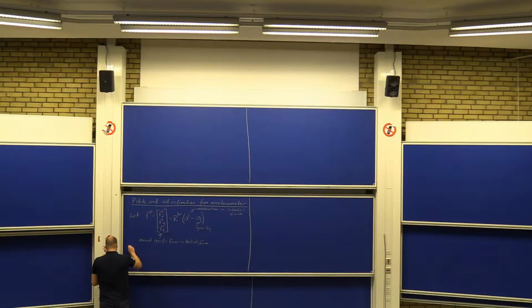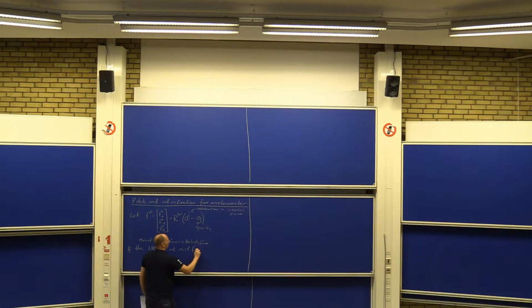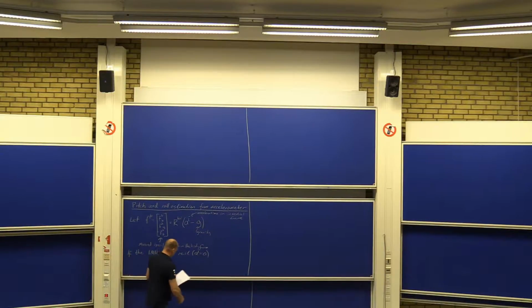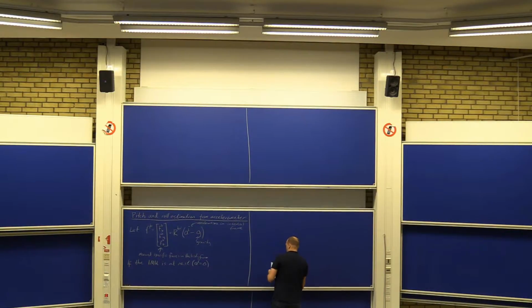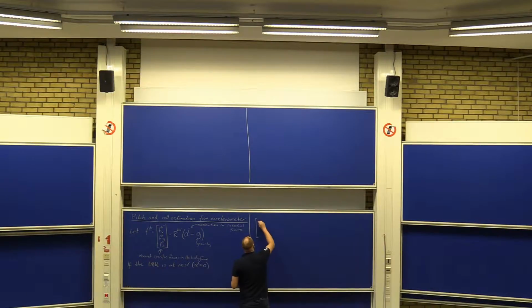So what will happen then? If the inertial measurement unit is at rest, meaning that a_I is equal to 0, then basically we have F_x, F_y, F_z is equal to some rotation matrix from the inertial to the body frame.